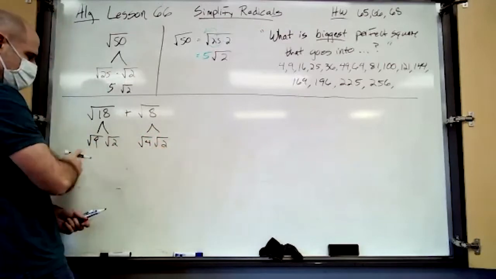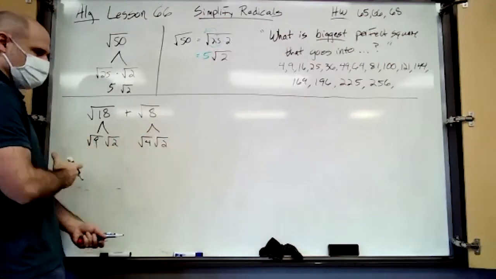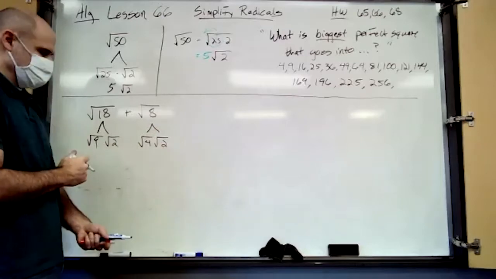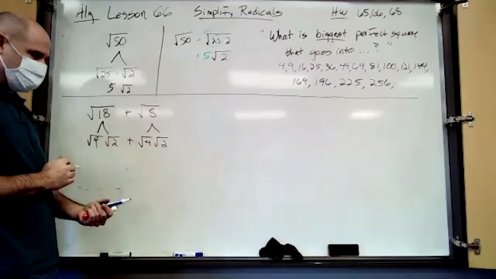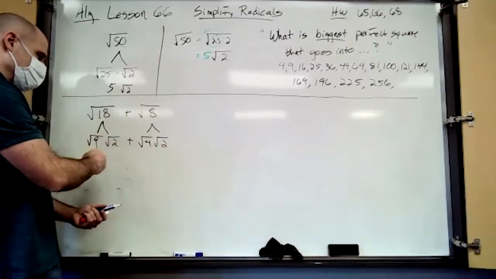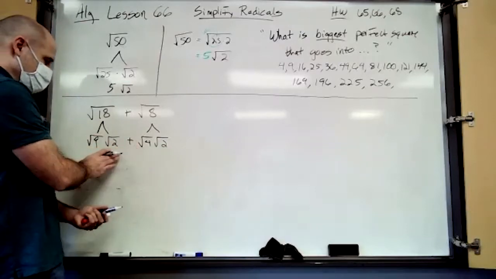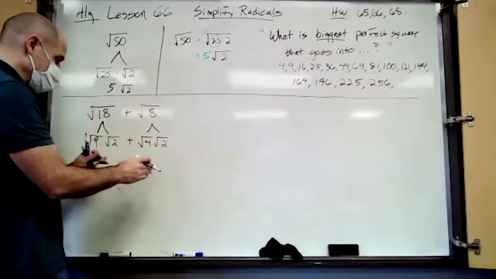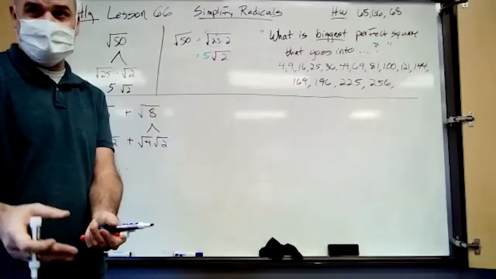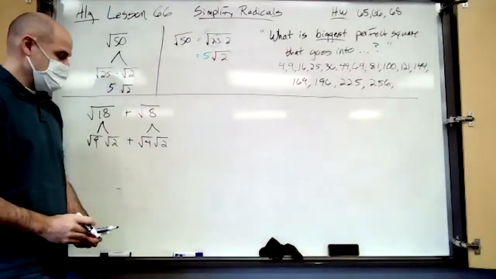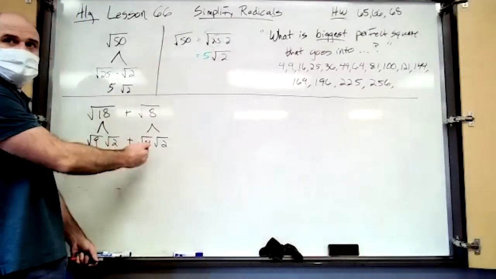Okay, and you can just write them like that. That's the beauty of it. You can just write them right next to each other. And then I added the radical 2's together. Okay, so you get radical 9 plus radical 4 all times radical 2. But that overcomplicates it. So let's simplify this first. What can I simplify here?